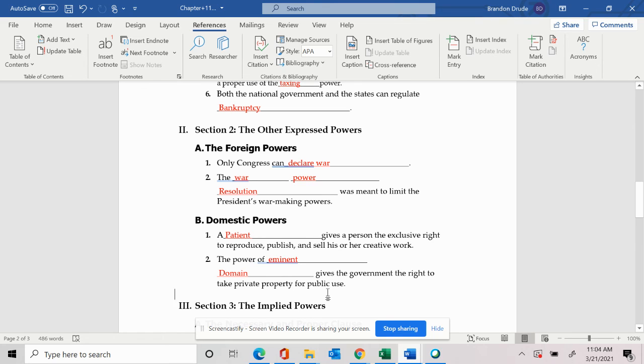That means they have to give you something equal or better, a home or money, or relocate you somewhere. If they do not do that, they're breaking this. But as long as they give you the fair market value for your home, or they relocate you to another house or another area that's equal or better, they're following eminent domain.